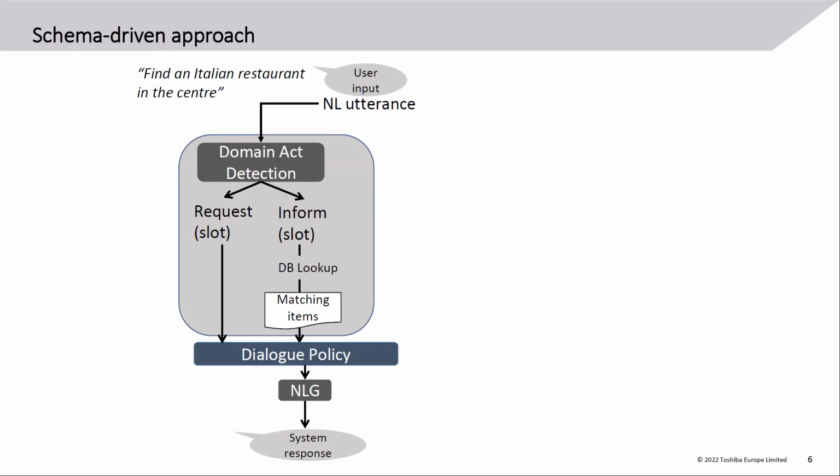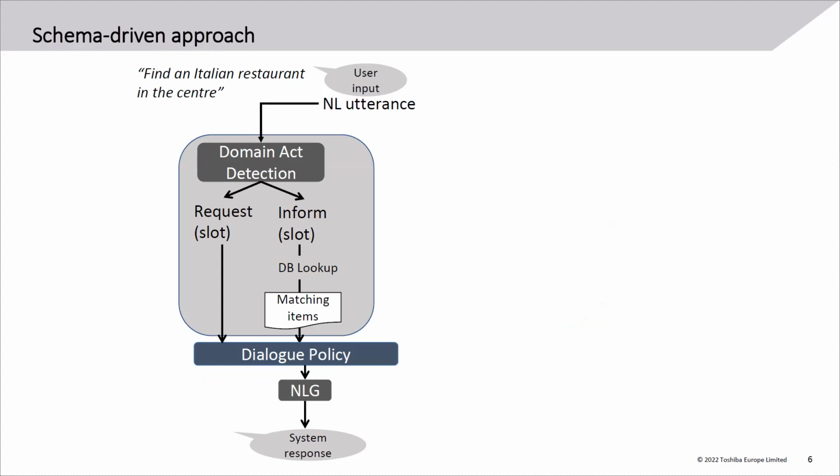So in the schema-driven dialogue systems that we work on in the dialogue community, the system first detects the intent of the user or actions in the user's utterance.